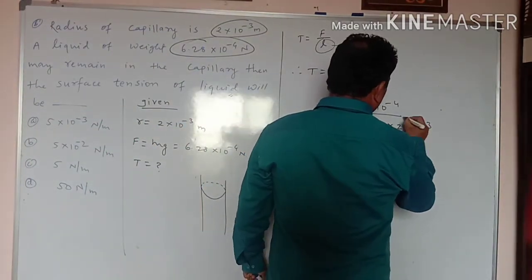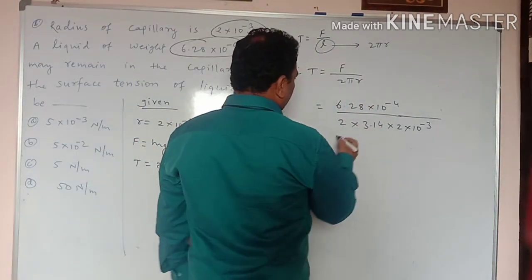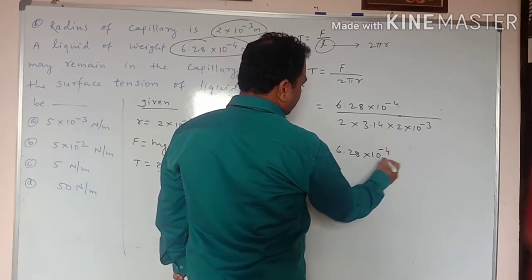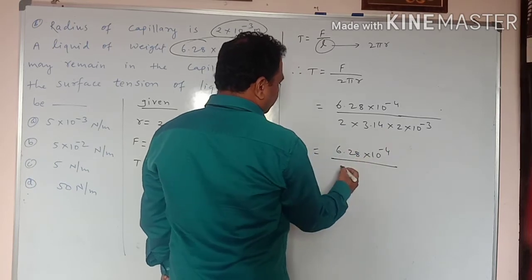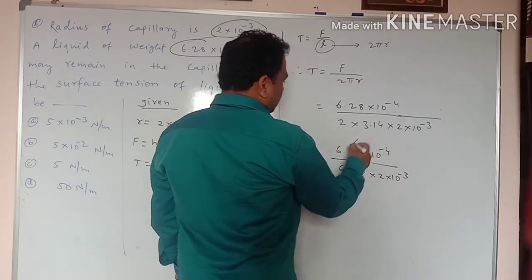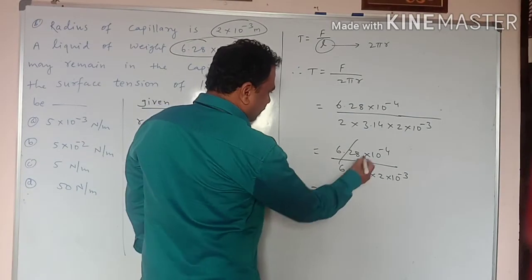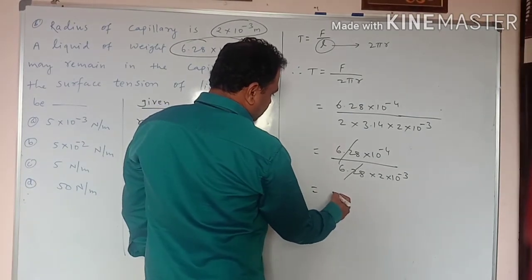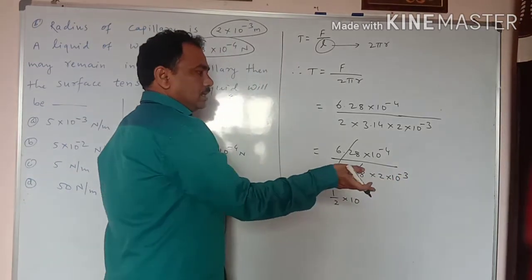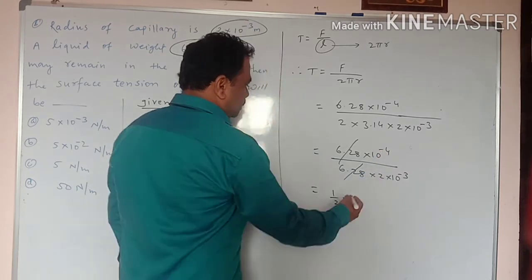Now what will be the calculations? 6.28 into 10 to the power minus 4 upon 2 into 3.14, that is 6.28, into 2 into 10 to the power minus 3. So 6.28 will be cancelled here. The remaining terms are 1 by 2 into 10 to the power, this minus 3 becomes plus 3. So minus 4 plus 3 becomes minus 1.